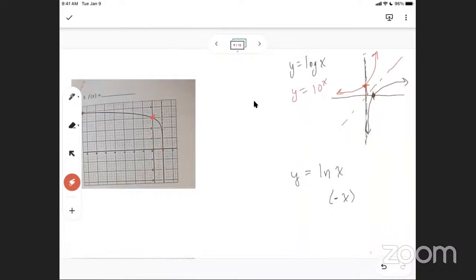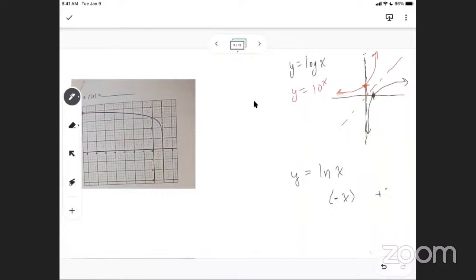So we first flipped it so it would look like this. But then we shifted everything 1 to the right, and we shifted everything up 1, 2, 3. So it's going to be a negative on the inside, and it's going to go up 3.